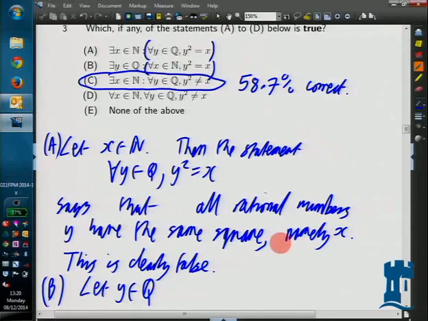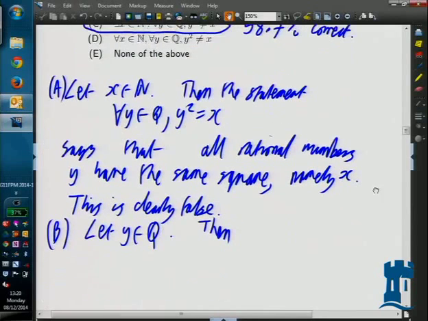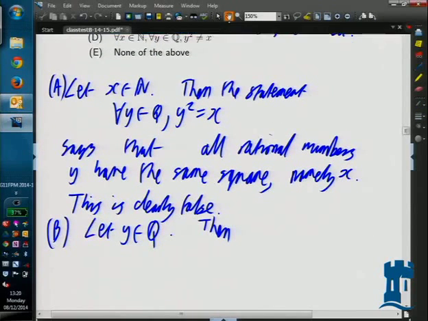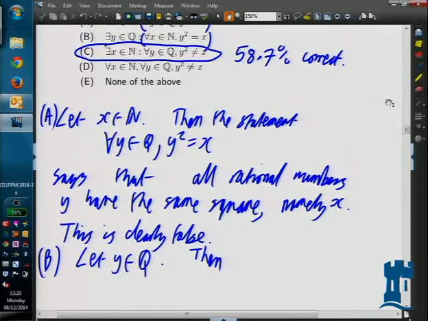So here's another one. This time, the inner statement is going to be completely ridiculous because it's saying that for all natural numbers x, x equal to y squared. Then, for all x in N, y squared equals x, says that all natural numbers are the same and are equal to y squared.